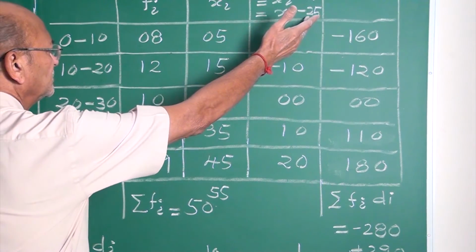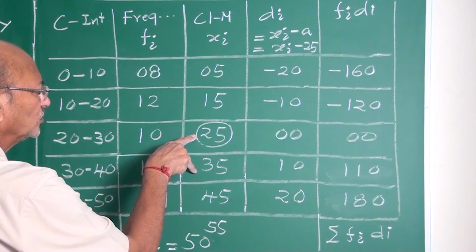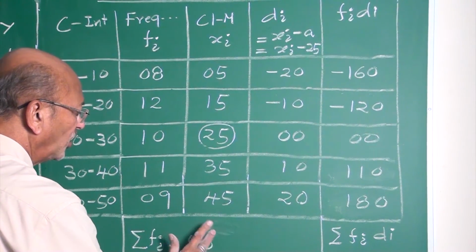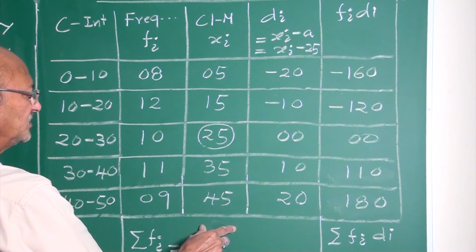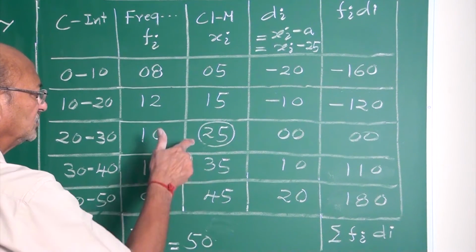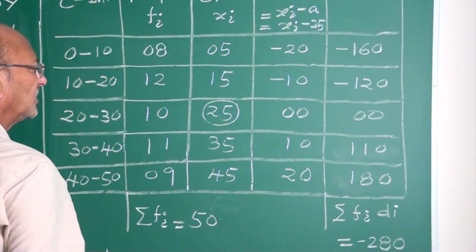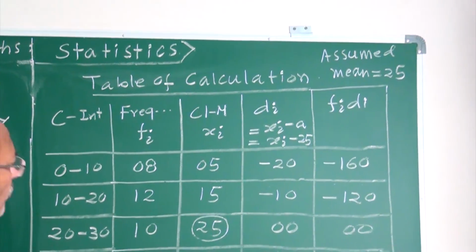Normally, since subtraction is there, we go with the smaller among the 2. When it is odd, here 5, the middle is the assumed mean. If the number is 6 or 8, you get 2 middle terms, and among the 2, you go for the smaller one.